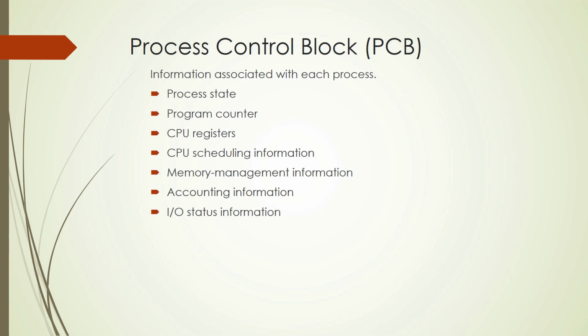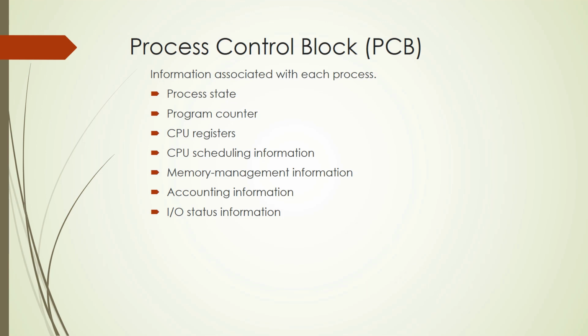It will also include process numbers and so on. Finally, input output status. This information includes the list of input output devices that are being allocated to the process, and also in case there are certain files being used by the process, those files information will also be there in the input output status information.